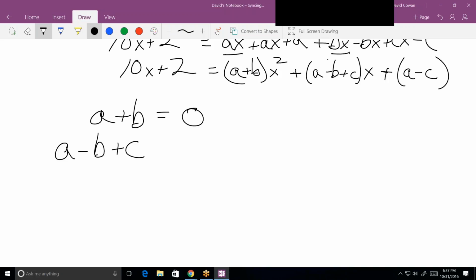A minus b plus c is equal to 10. And a minus c is equal to 2. So first of all, I've got 3 equations and 3 unknowns here. So I know I can solve them.